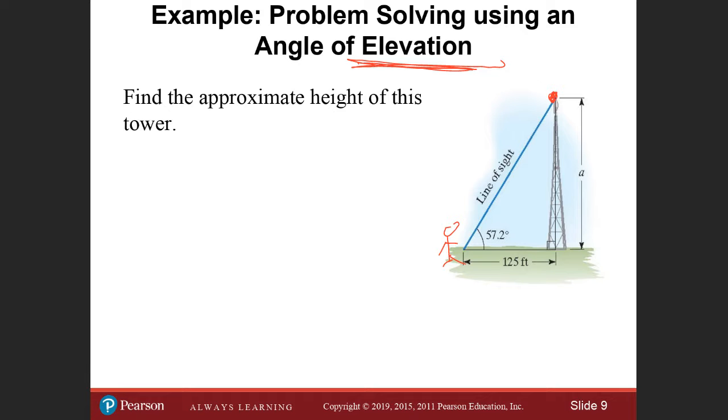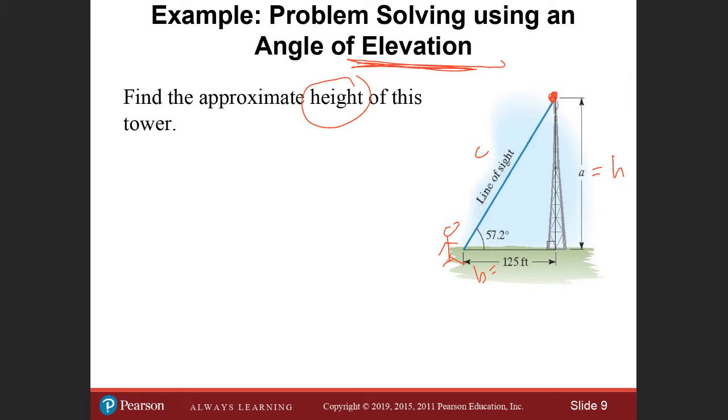The question is asking you to find the approximate height of this tower. So the height of the tower is your A here. That's the missing side of the right triangle. Now, the line of sight would be your C, the longest side, and the 125 would be your B. That's the distance from you to the foot of the tower.